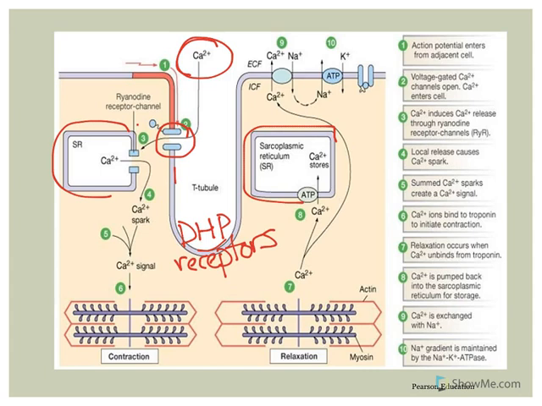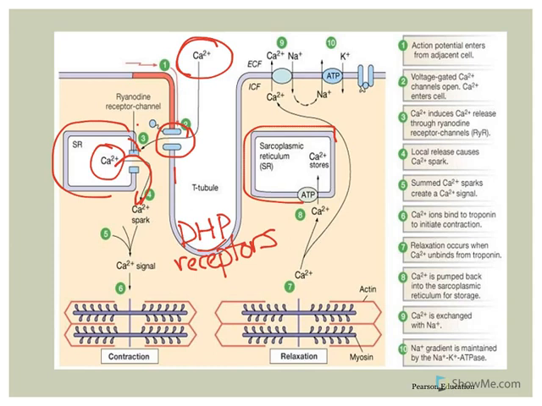Calcium moves through those, and it allows the ryanodine receptors that are in the sarcoplasmic reticulum, which are calcium channels too, to open, and the calcium from the sarcoplasmic reticulum is going to flood out. So in this case, in cardiac muscle, the calcium coming in from the extracellular fluid through the DHP receptors is going to trigger the opening of ryanodine receptors, which are calcium channels. And we're going to have this whole bunch of calcium inside the cell. I need calcium from the sarcoplasmic reticulum as well as the extracellular fluid so I can use it for muscle contraction.